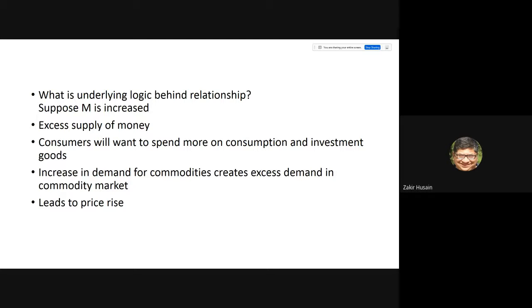Consumers will spend less on consumption and investment. So you're going to have excess supply in the commodity market and price will fall.